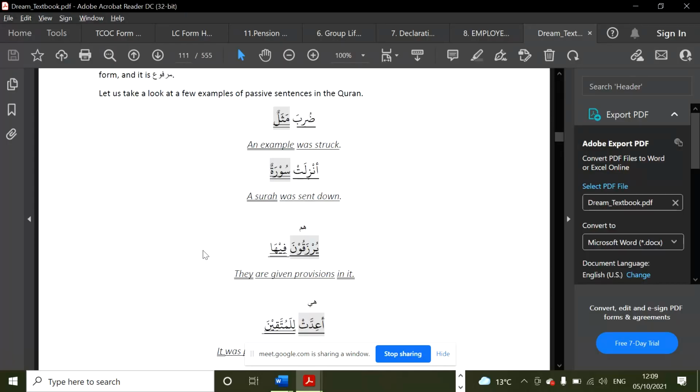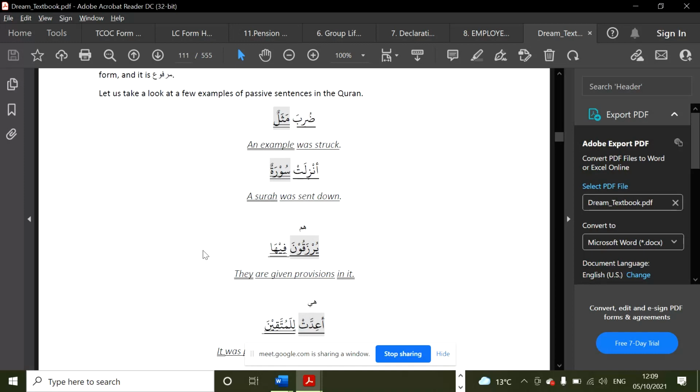Duriba is huwa, so we have to look for an outside naibul fail in the rafa form. Masalun is in rafa form, so that is our naibul fail.